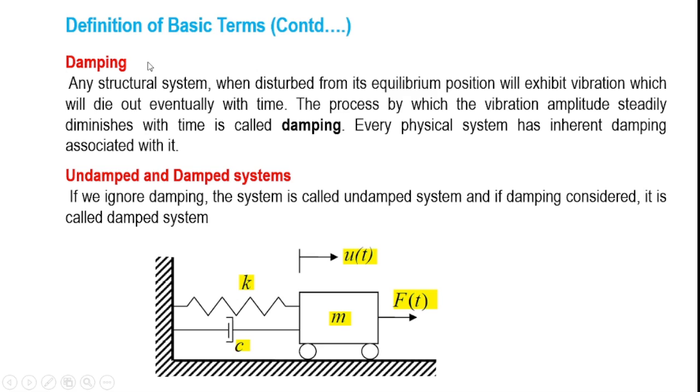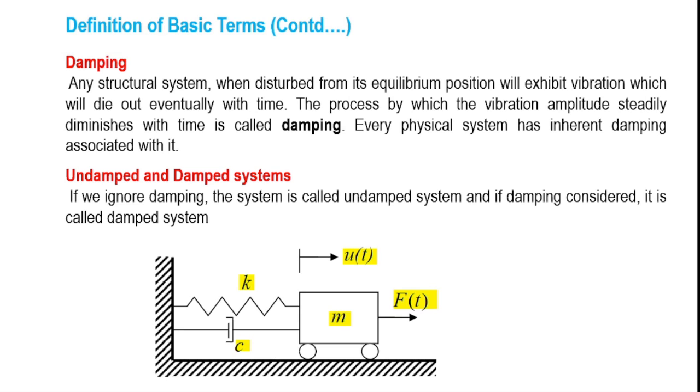Now, as we know that damping is an inherent property of the physical system, we can have two types of system. One is undamped and the other one is damped systems. First of all, let me just tell you that theoretically, there is nothing like a term called undamped. Every system will have some damping. But for some mathematical calculations, even if we do not include damping, the results are not getting affected.